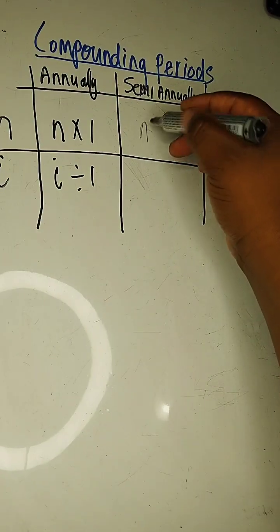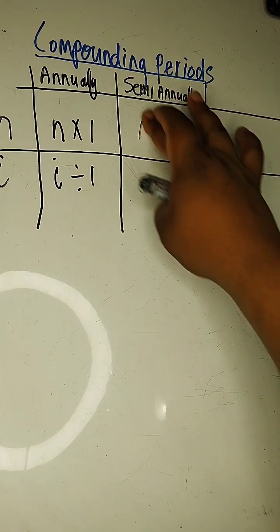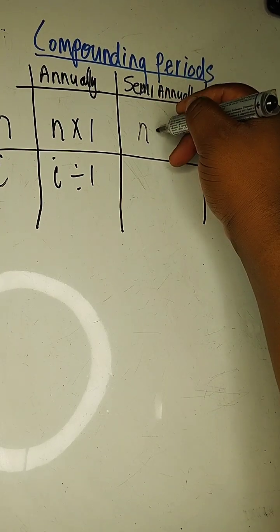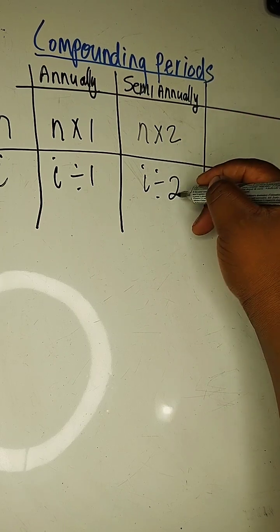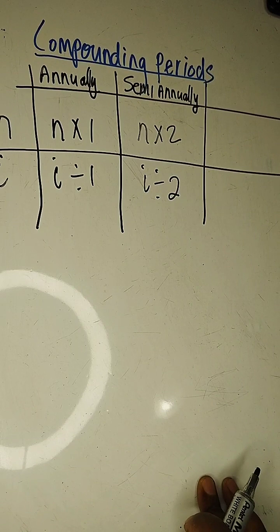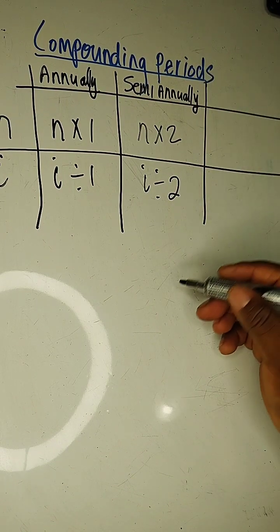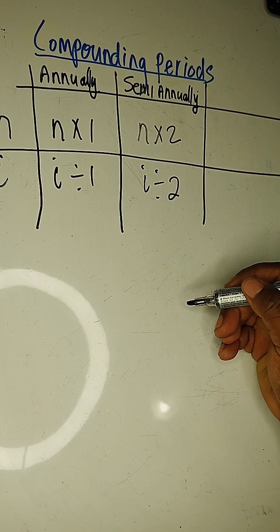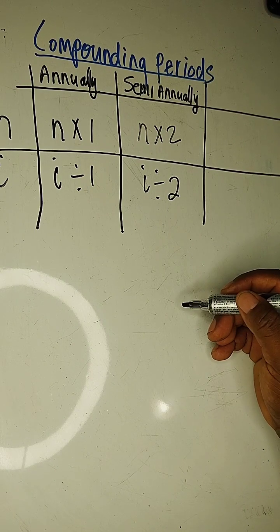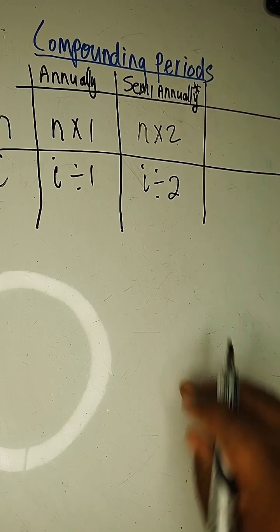So our N should be multiplied by 2 and our I divided by 2. The other words for semi-annually can be every 6 months. Those are other words for semi-annually.